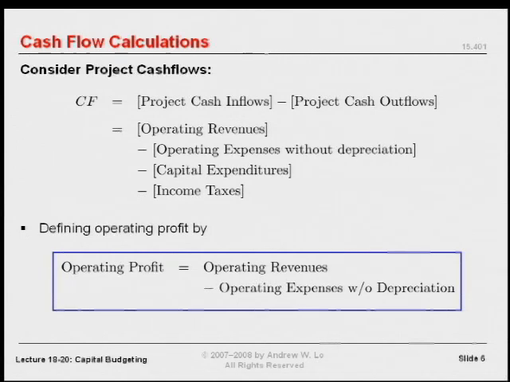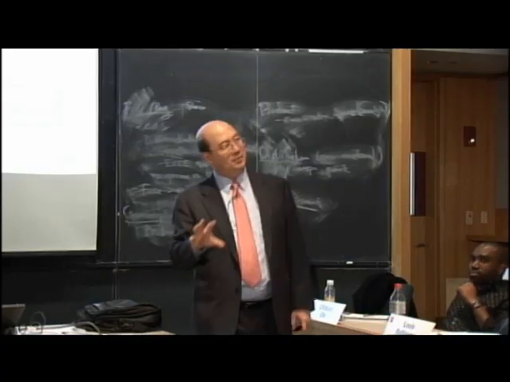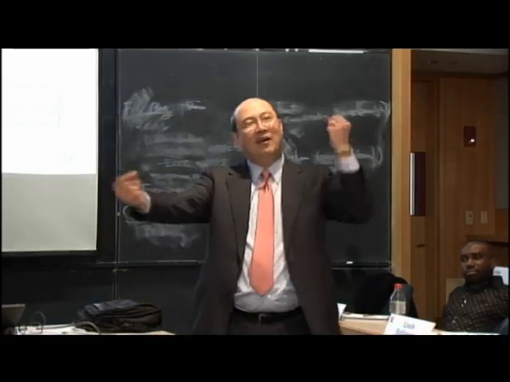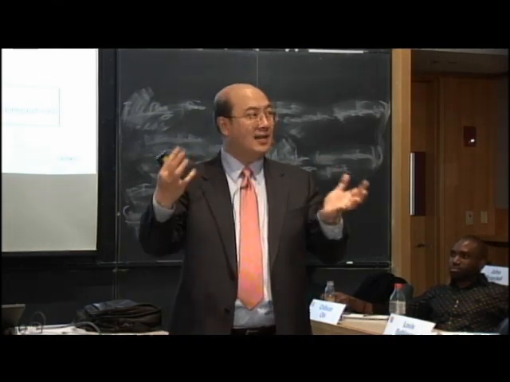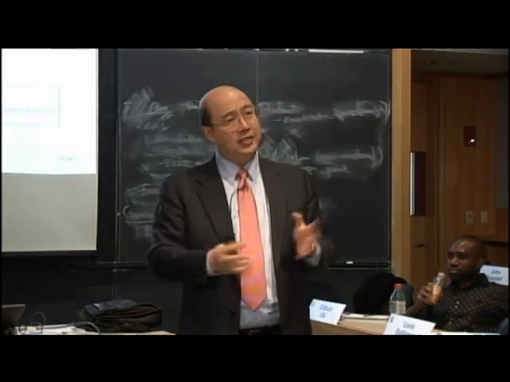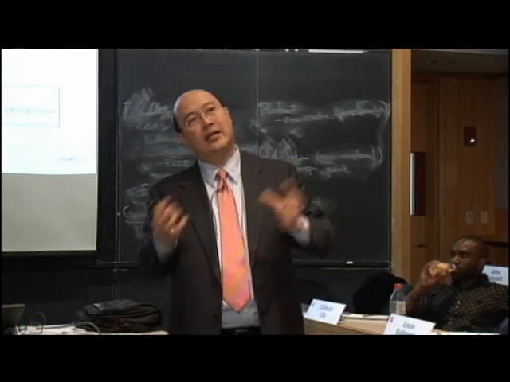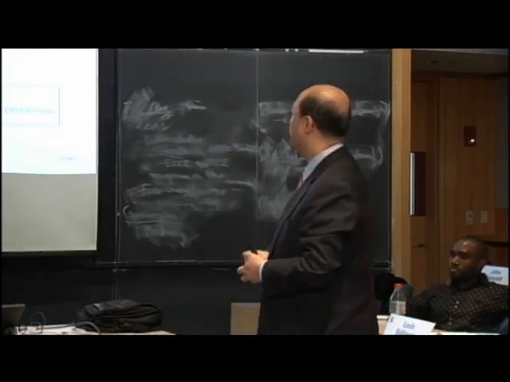Cash flows are simply equal to cash inflows minus cash outflows. That sounds simple, right? It's not simple, because you've got to figure out what those cash inflows or outflows are from, in many cases, accounting data. And so you need to know a little bit about how the accounting interacts with these kinds of calculations.